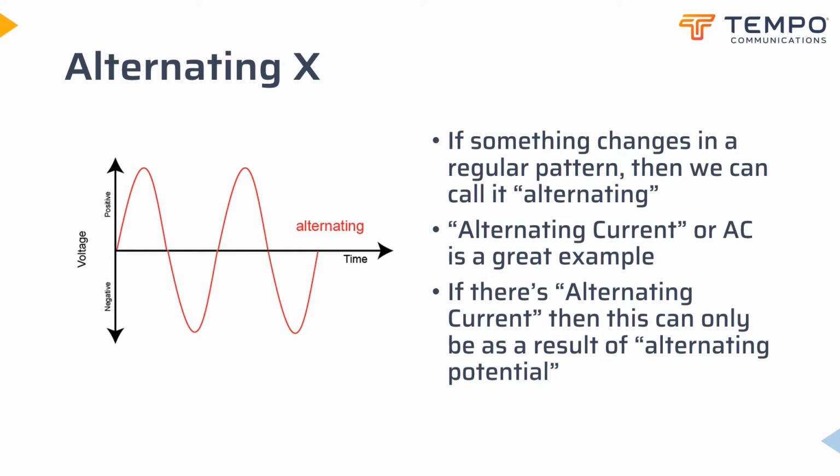This is why, for practical cable or wire identification, a tone generator or other alternating signal generator is needed to create the alternating field of potential and/or current.